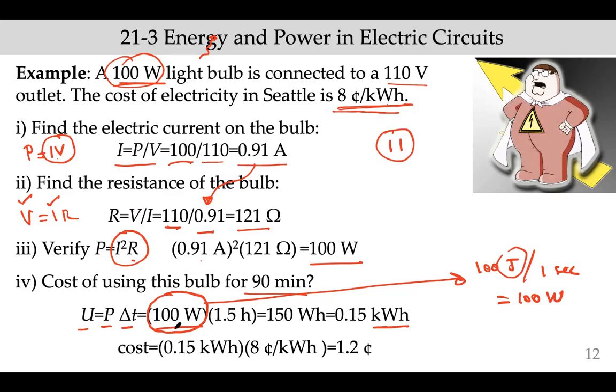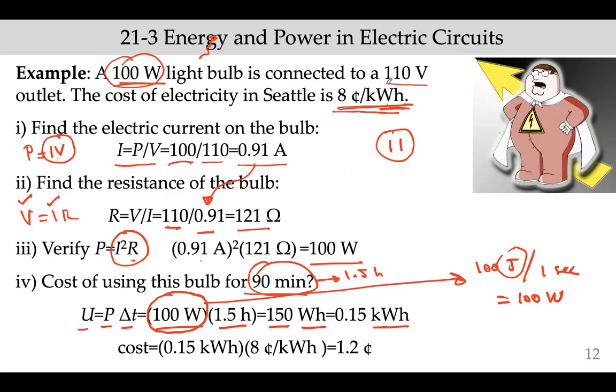Because the cost is given in terms of kilowatt hours, I will convert my units into kilowatt hours. So instead of 90 minutes, I will convert it to hours. So it will be 1.5 hours. If I multiply by the watts, the result will be 150 watt hours.